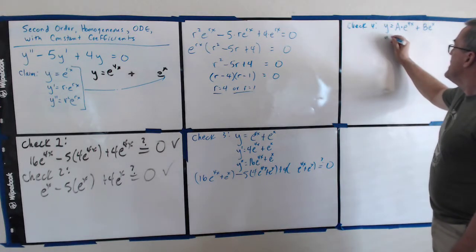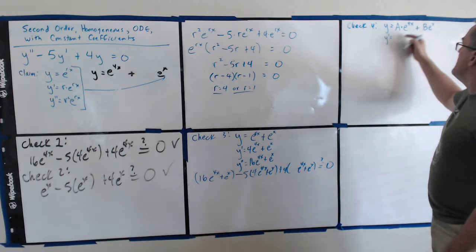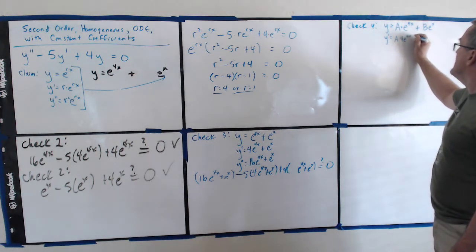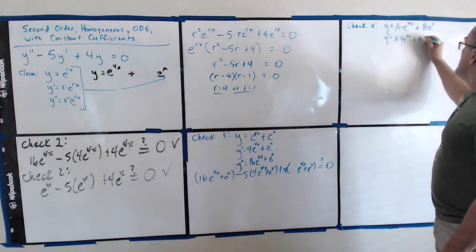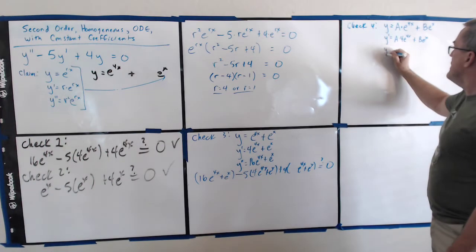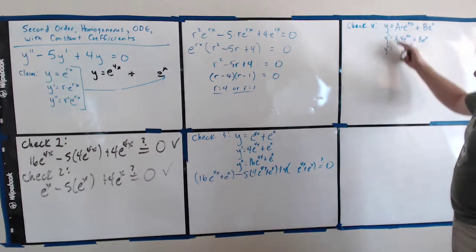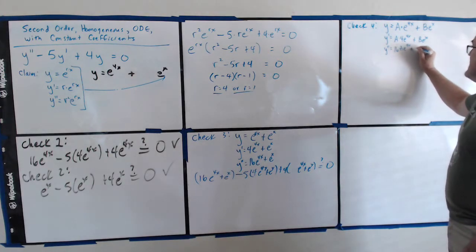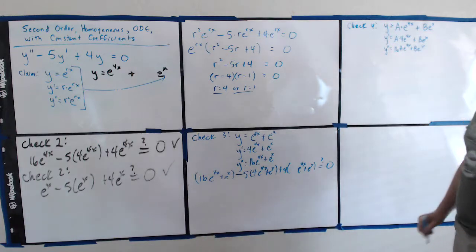Here's how I know. The derivative of this will be a times 4e to the 4x plus b e to the x. The second derivative of this will be 16a e to the 4x plus b e to the x.